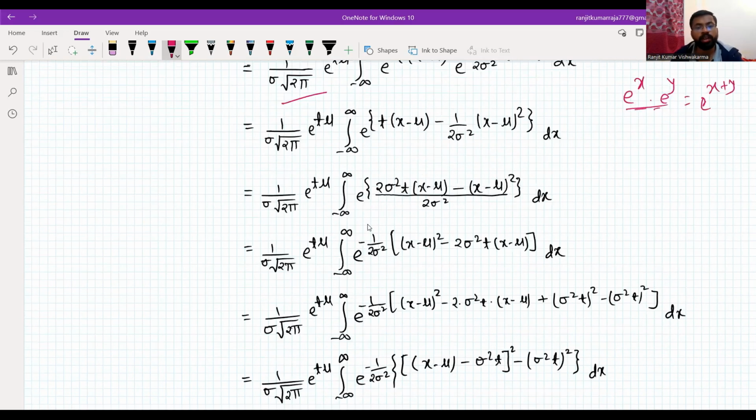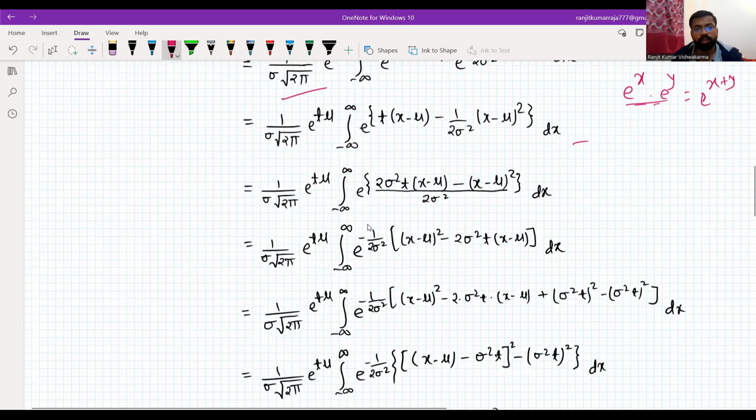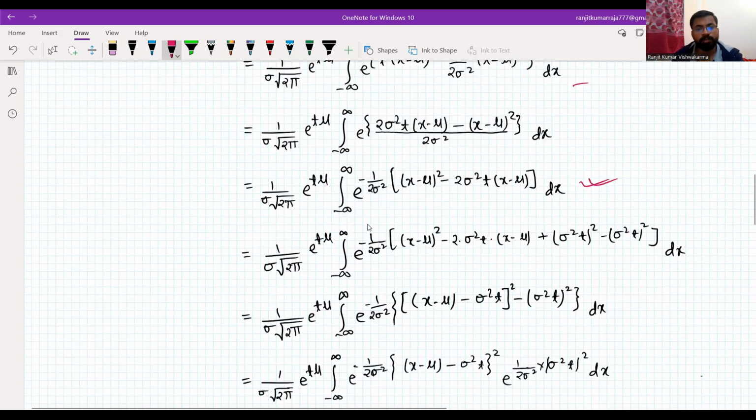I have applied the same here: because the base is the same, the powers are added. So e to the power t into (x minus mu) minus 1 by 2 sigma square into (x minus mu) whole square, dx. After solving, we get these steps.